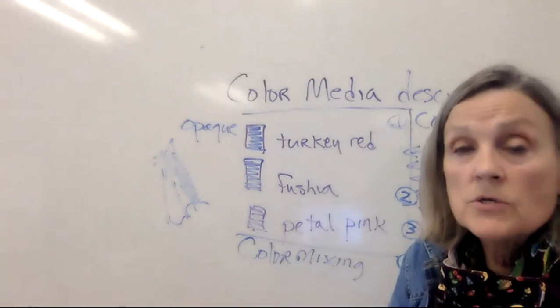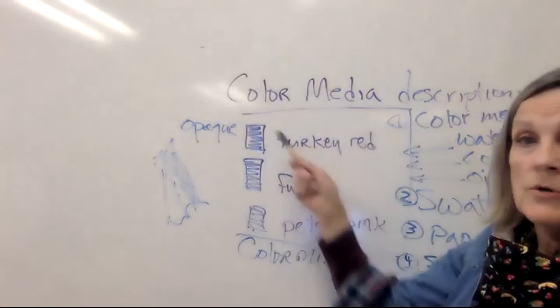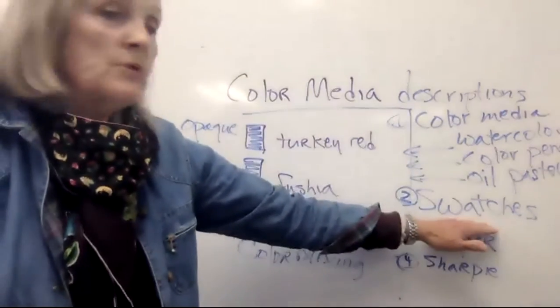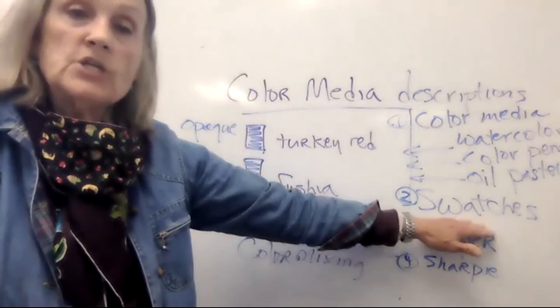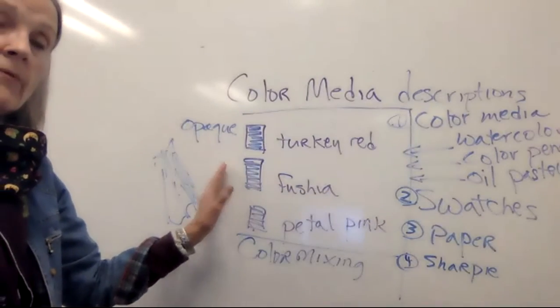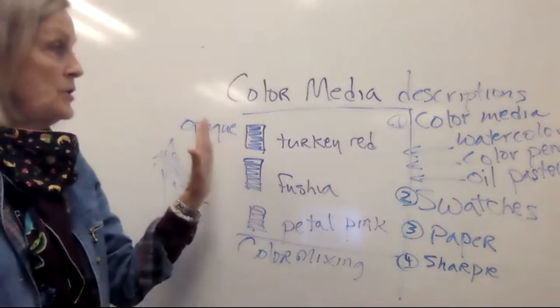So it's experimental. This is all experimental, because if you haven't done this before, you're trying to get the best representation of the swatch to the sketch. And so you want to put your swatches down.